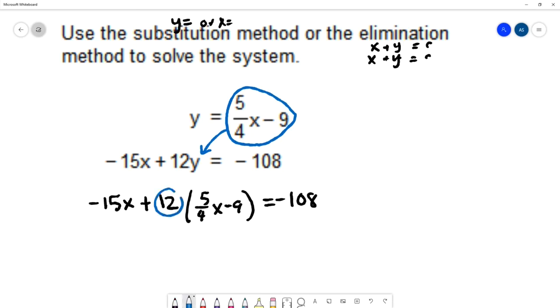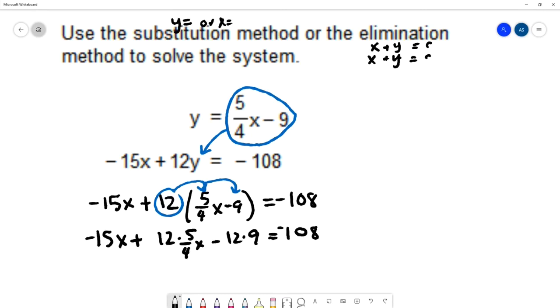I will distribute this 12. That's negative 15x plus 12 times 5 fourths x minus 12 times 9 equals negative 108.